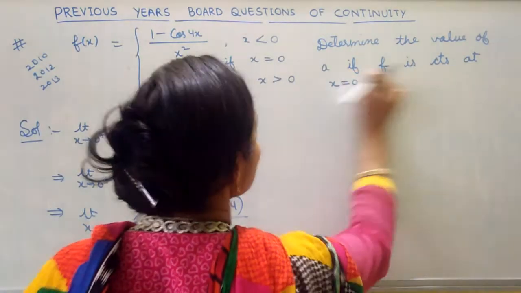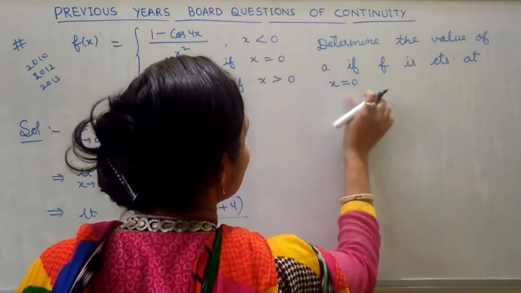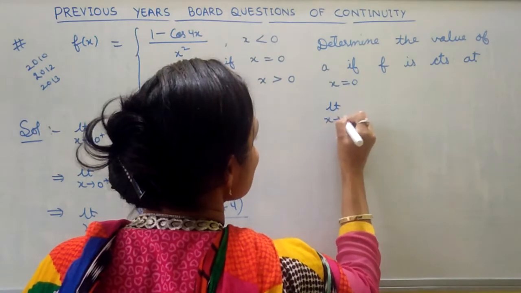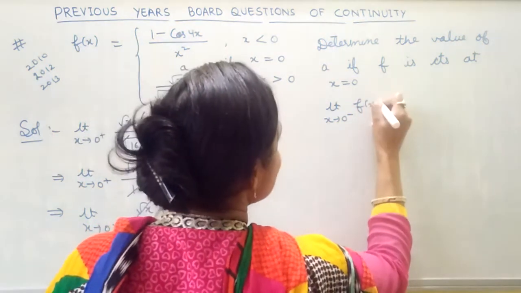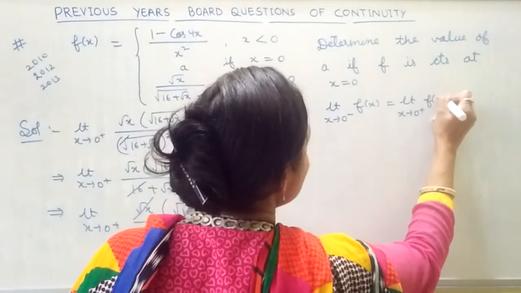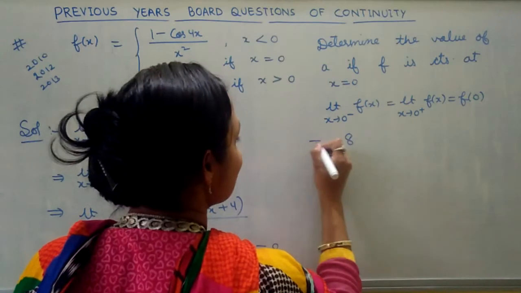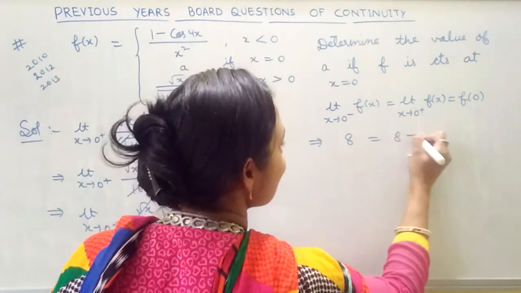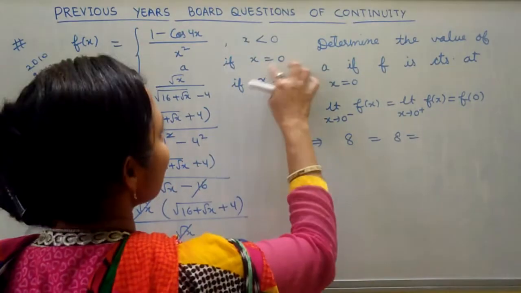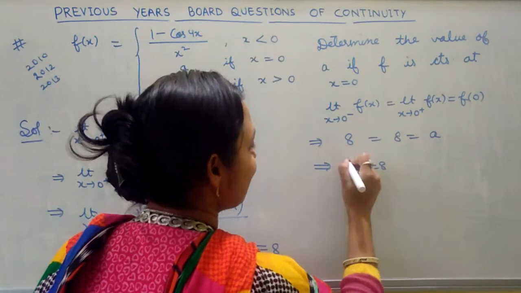Limit x approaches to 0 negative f x is equal to limit x approaches to 0 positive f x is equal to f of 0. So this value is equal to 8 and this value is also equal to 8, and f of 0 is equal to a. Ultimately we have a equals 8.